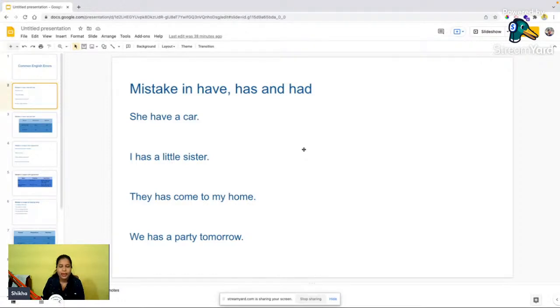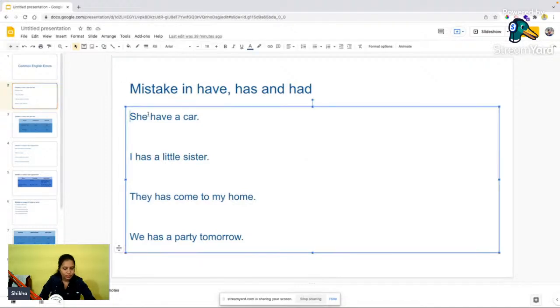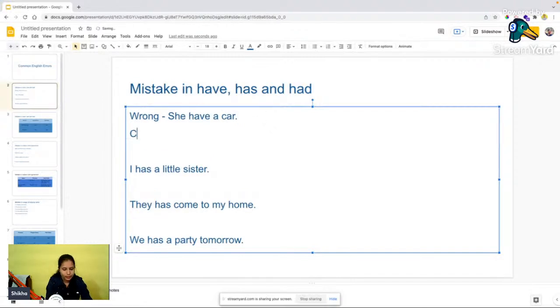Okay, she have a car, this is a wrong sentence. Okay, let me write wrong here. This is a wrong sentence, and you'll be able to understand that this is a wrong sentence. So what is the correct form of this? What should we write? Tell me. We have to write she. She is a third person singular pronoun, right?